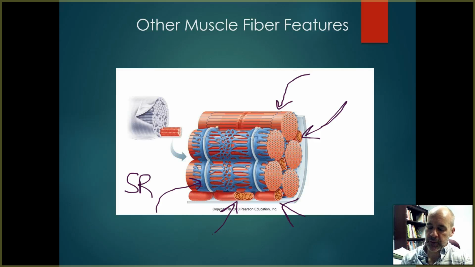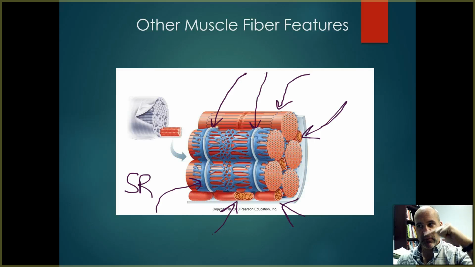And then in light blue, right here, it's kind of hard to tell on this diagram, but those are the T-tubules. They are like little indentations of the sarcolemma, the membrane around the muscle fiber, that extend inward into the muscle fiber, and they actually wrap themselves around, as you can see, the myofibrils. But those are the T-tubules.